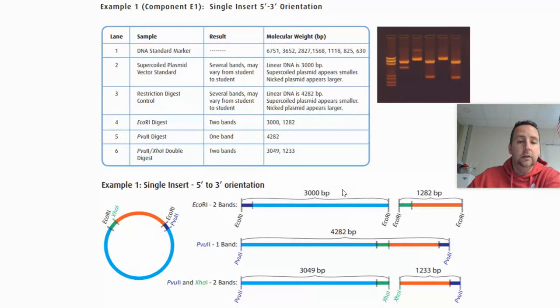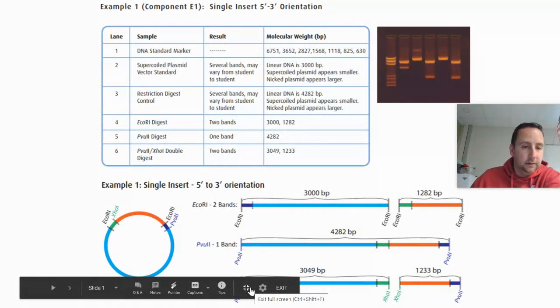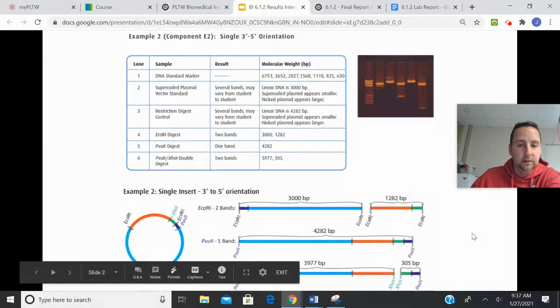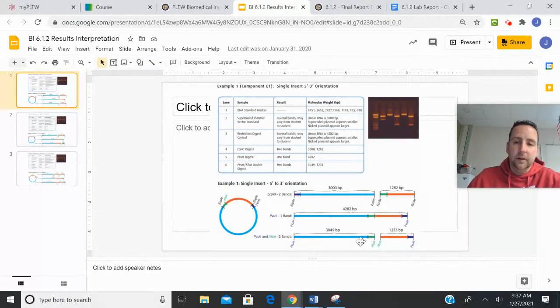So when you then look at the double digest of PVU2 and XHO1, all right, at the bottom, you can see, it keeps covering that up for some reason. Let's see if I can hide that. There, it was exit full screen and show it this way. Let's go here.